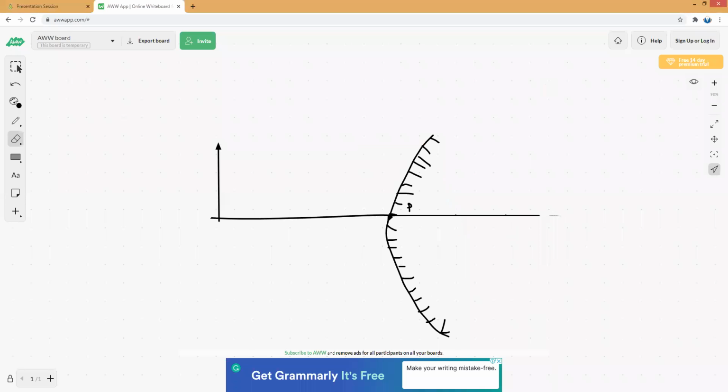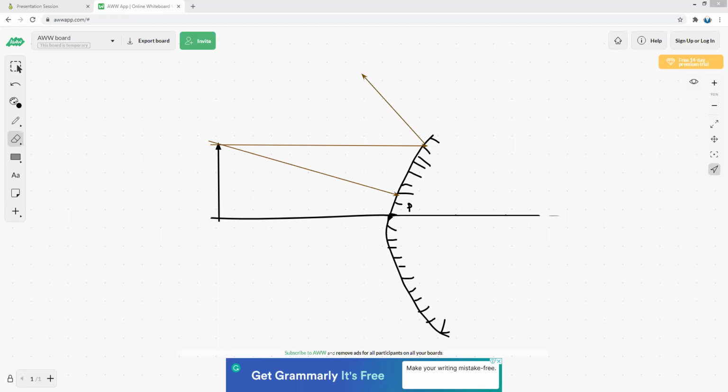Okay, fine. The first ray over here passes to the top. It hits the mirror, and it diverges outside. So it won't meet any other ray. And the second ray goes like this, hits the mirror, and goes back the same way.